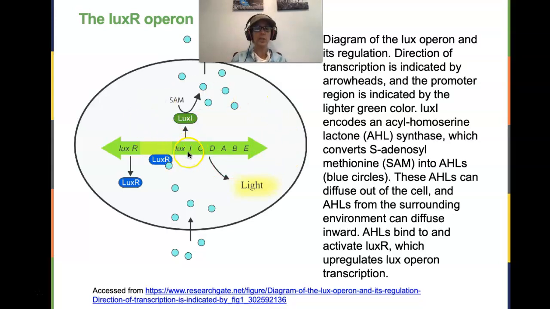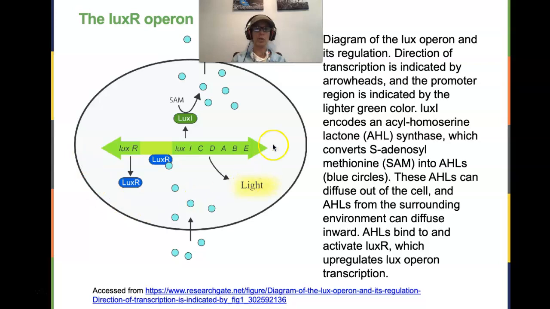The first gene, LUX-I, is what will allow for the autoinducer to be made. That is the acyl homoserine that is going to get converted and make the HSL. They're going to diffuse out of the cell.